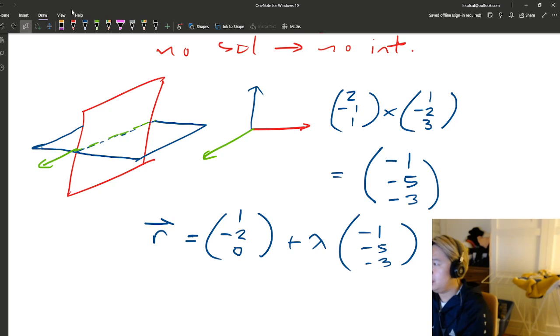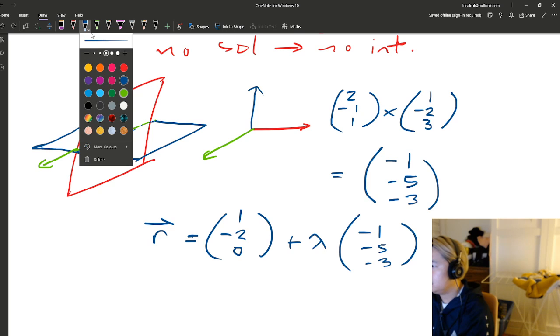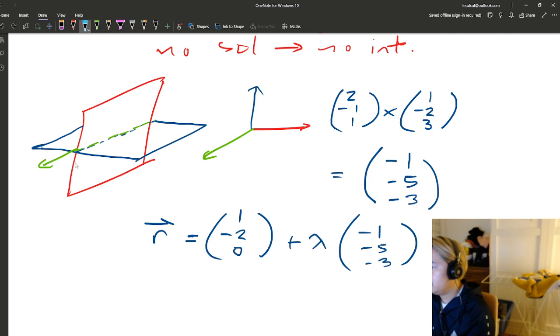So your third plane, for example, could be parallel to one of the planes like this.